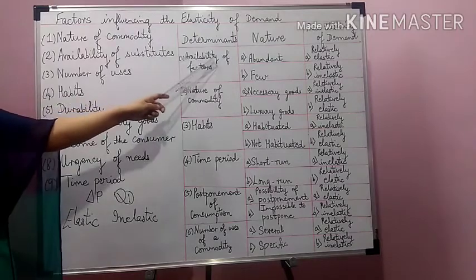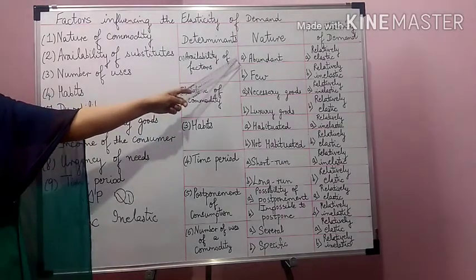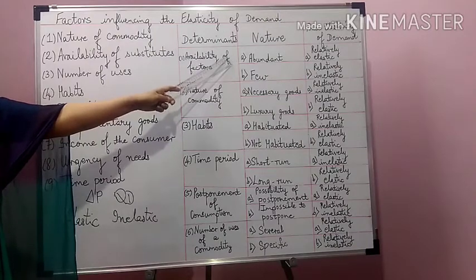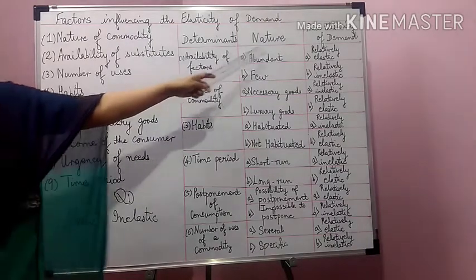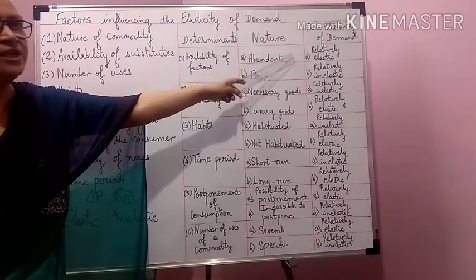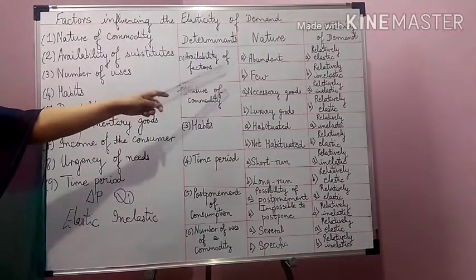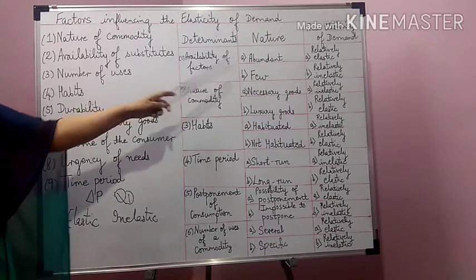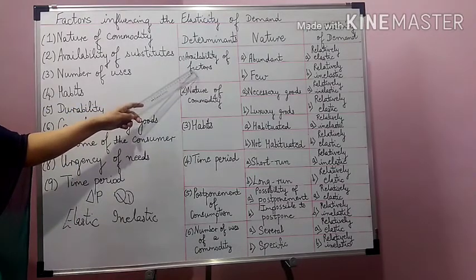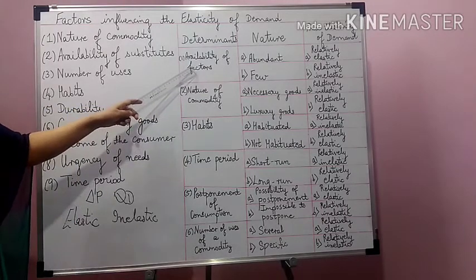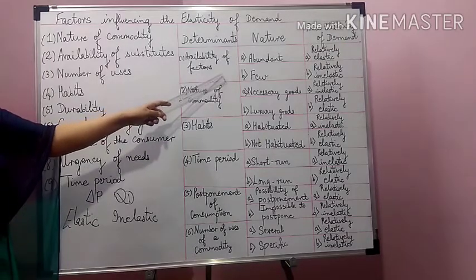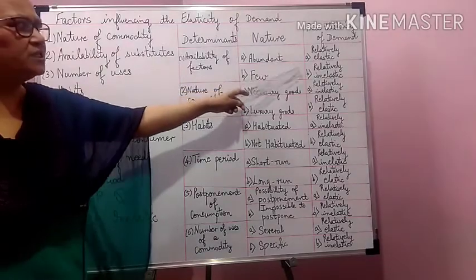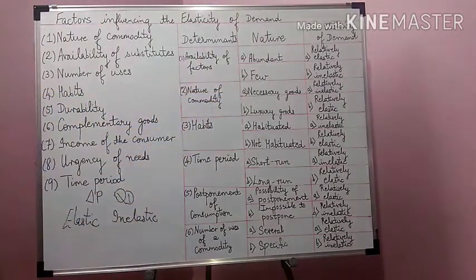If the availability of factors are abundant, many, obviously demand will change. So price elasticity is relatively elastic. But if there are few factors, availability of factors is very few, less factors are available, the demand will be relatively inelastic.